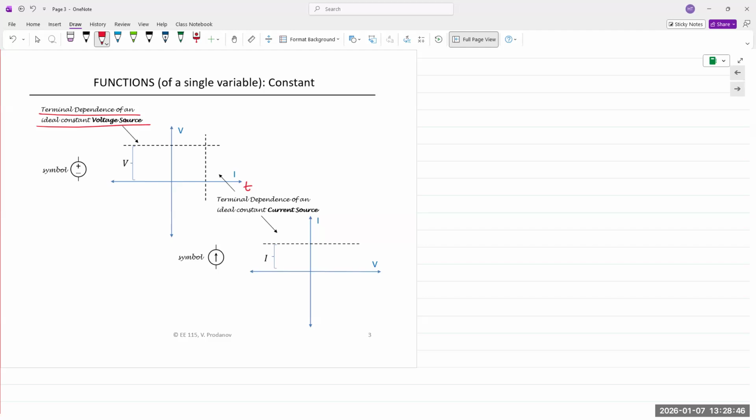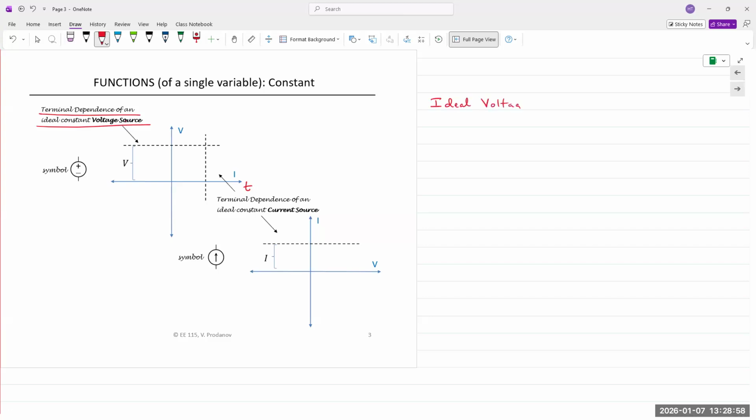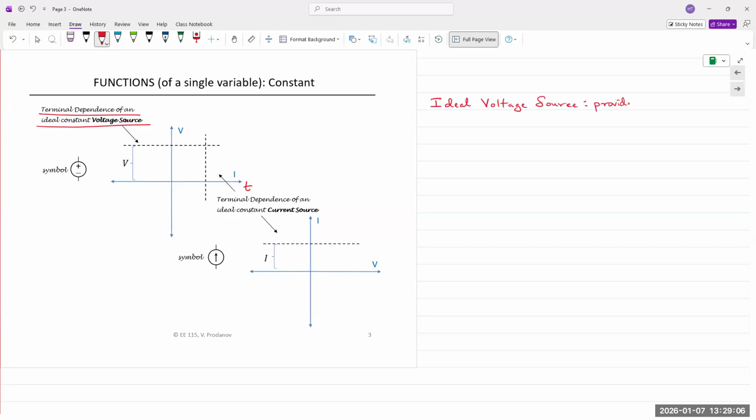Constant voltage source has a property, actually just an ideal voltage source. It provides a constant value of the voltage at its output terminals.